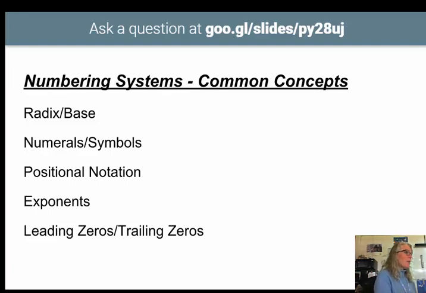Again, does anybody know what my theory is on why we have chosen the decimal numbering system as opposed to any others? Why is that? We have 10 digits, right? That we use to manipulate things.